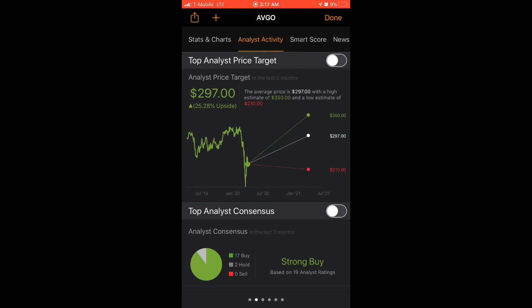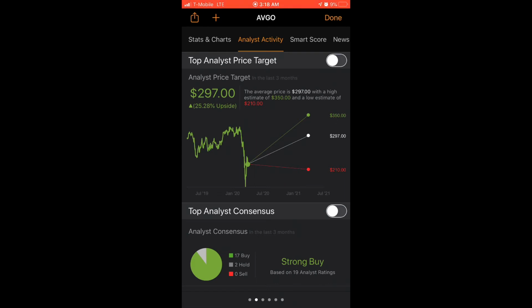The price target is 297, which is very close to Yahoo, which was 293, and very close to Guru Focus, which was 291. So all these three sites are in a very close range of price, and then it tells you it can shoot up to 350. That's the bullish case. The worst case scenario is 210, and the fair value 297.